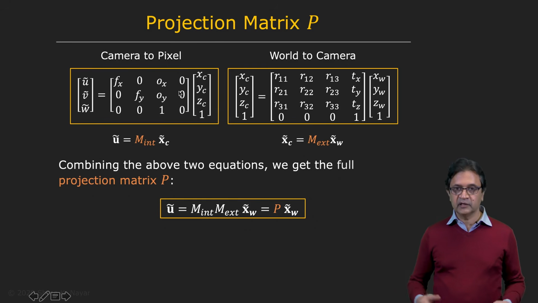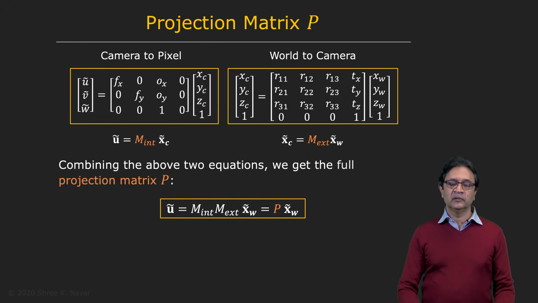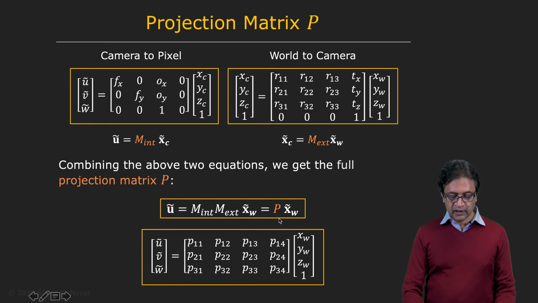And so therefore we can combine these two to get a direct mapping from a point in the world coordinate frame to a pixel location in the image. And that mapping is given by the product of M intrinsic and M extrinsic, which is a single matrix P. And this matrix P is a 3 by 4 matrix called the projection matrix.